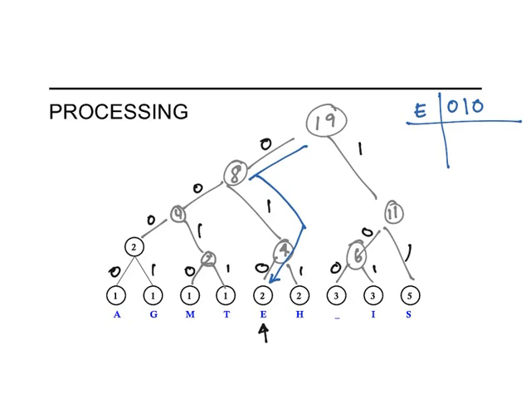We can choose another one. Let's suppose the M. At the end, I will have to do it for all, right? For the M, we will follow this path here, here, here, which means 0, 0, 1, 0.